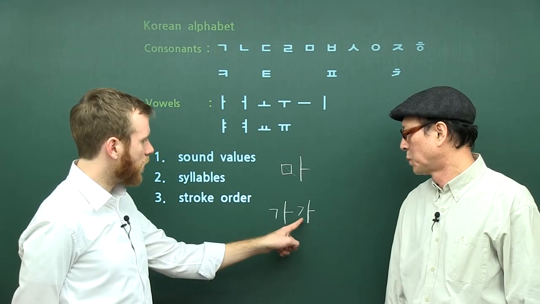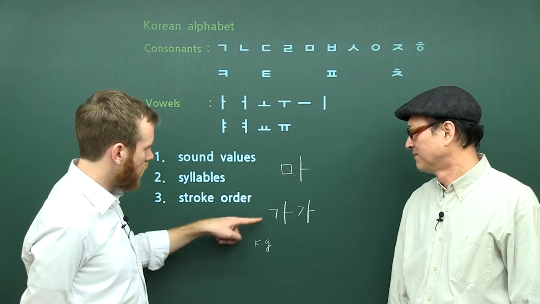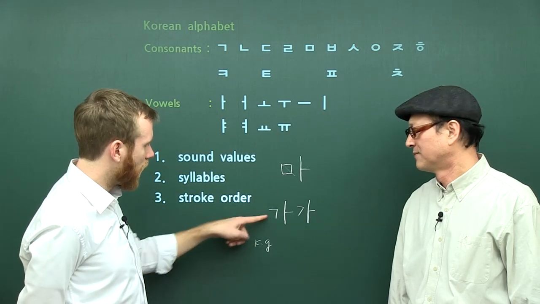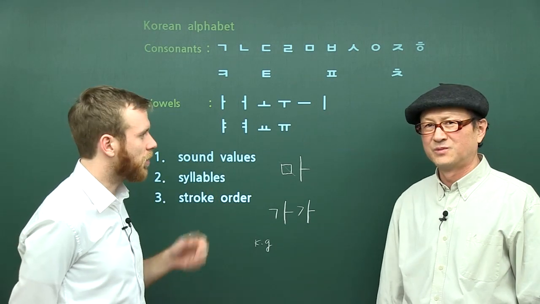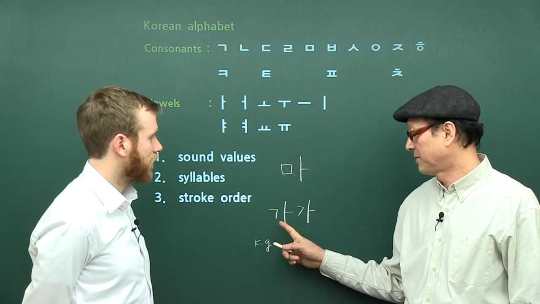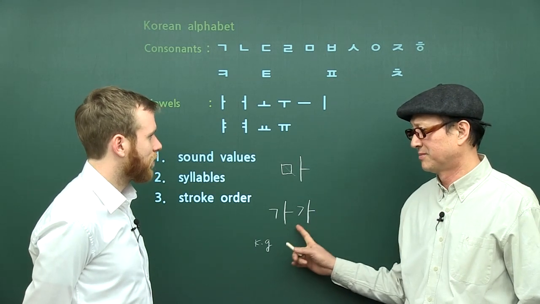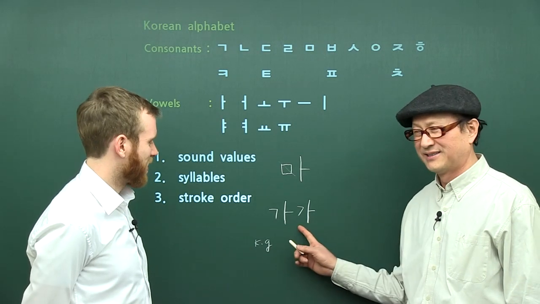Here we're between two vowels, so it sounds maybe more like a G. And our first consonant sounds more like a K because it's at the front of the word and it's not between two vowels. So 가, 가. If I say them slow, same. 가가.